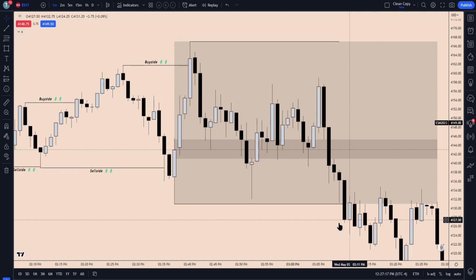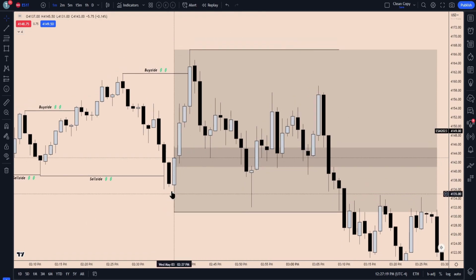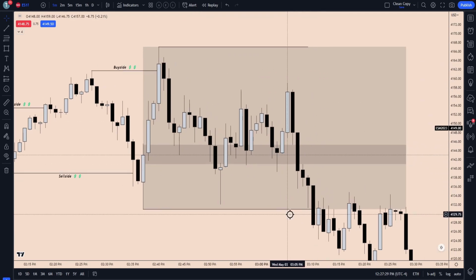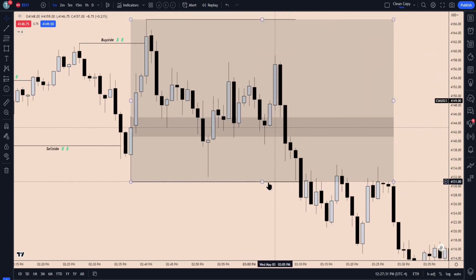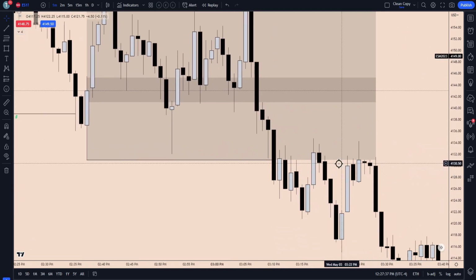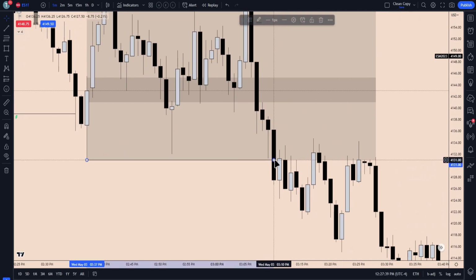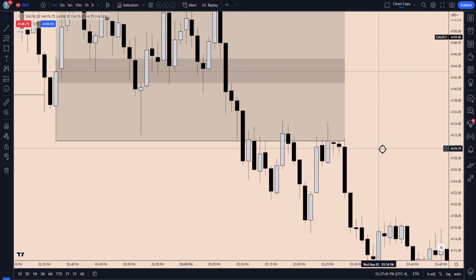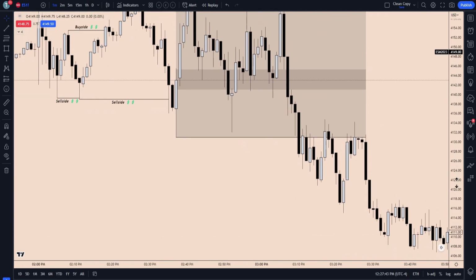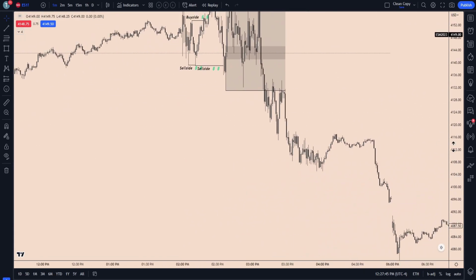Using that analogy of the paint roller, as I just explained, we've painted up and down so many times that everything in here has been painted efficiently. Everything's been repriced efficiently. And that's why once we leave that low, price tries to get back up into there, wicks reaching. But look how beautiful these bodies hold right at that level. And from there, we break lower and just sell off.